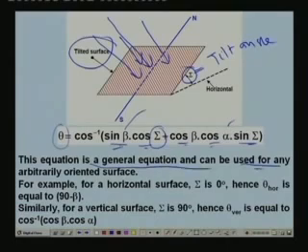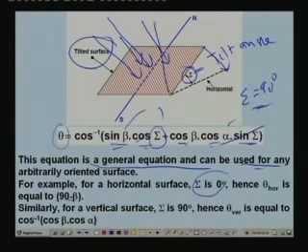For example, for a horizontal surface, this tilt angle becomes 0, right, because this coincides with this, it comes here. So sigma is equal to 0. Once sigma is equal to 0, this vanishes and this becomes 1. So you will find that theta is nothing but 90 minus beta. Okay, so this also simplifies down to this expression, and for a vertical surface, sigma is equal to 90 degrees, because this surface becomes like this.